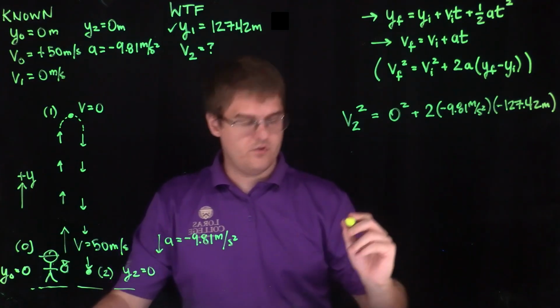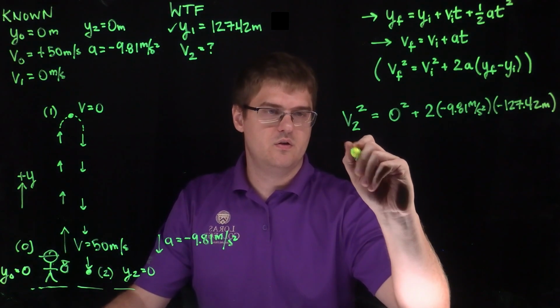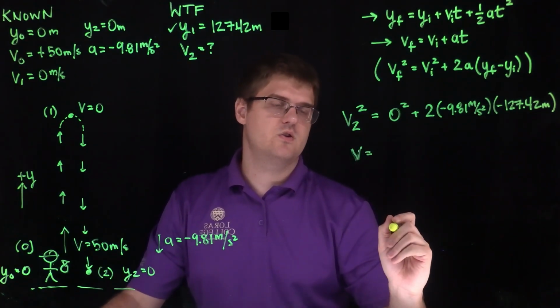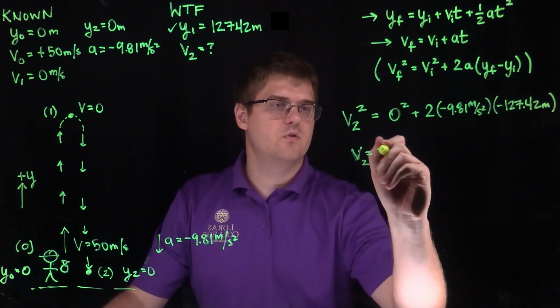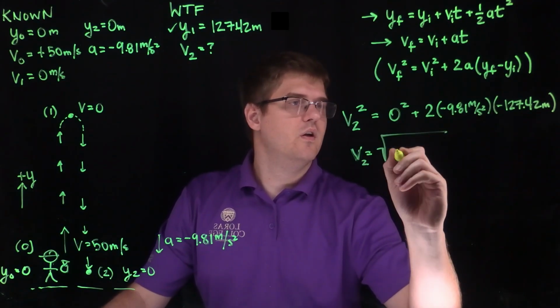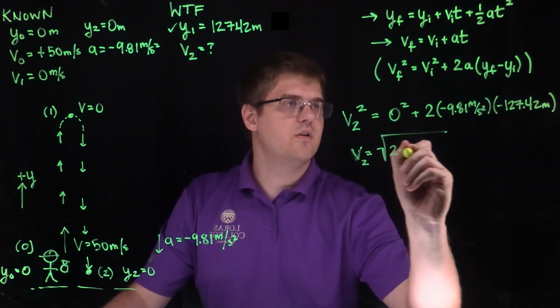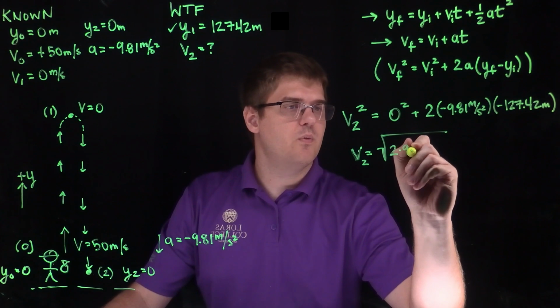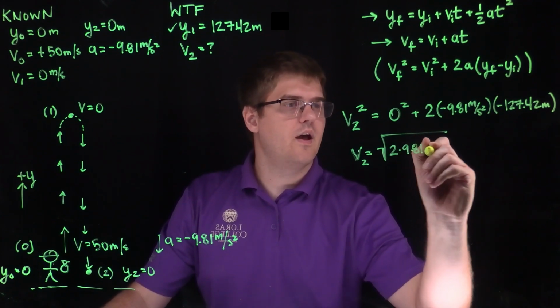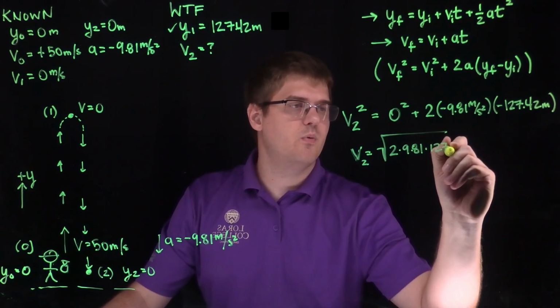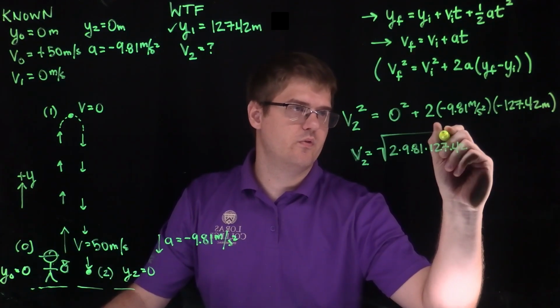So velocity 2 is just going to be equal to the square root of 2 times 9.81 times 127.42.